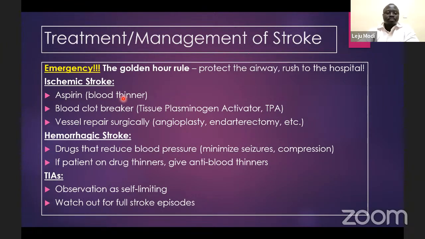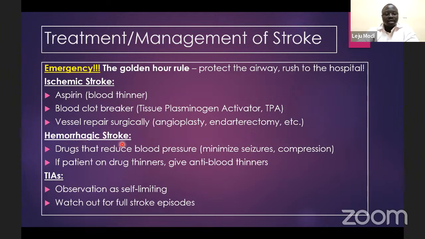Okay, and then there are others like the TPA, which also works in a similar way to break down the clot, and then vessel repair surgically may be needed, so that the clotted part may be opened and the clot is removed and replaced, so that blood flow is regained. So those are two complex things. The surgery may not be a common thing, but most times if it is identified as an ischemic stroke, these medications that break the clots are given.